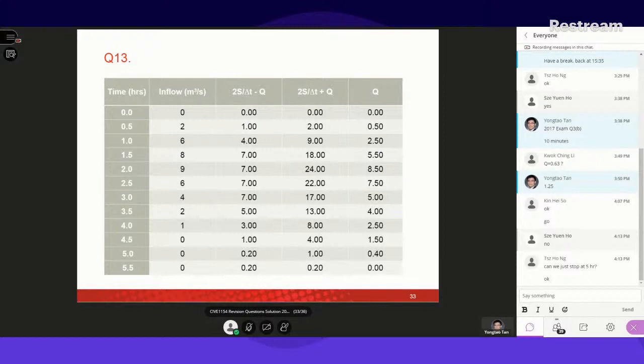Now next, we can use the hydrologic routing to get the outflow hydrograph. We have the inflow hydrograph, the 2S over delta T minus Q, the 2S over delta T plus Q, and this is Q. Repeat the same step: I1 plus I2 plus this one, we can get this one.